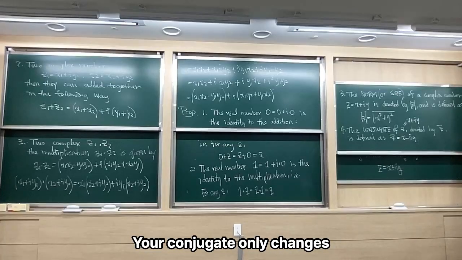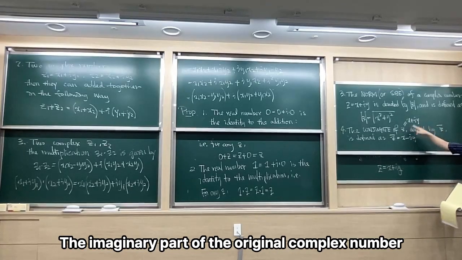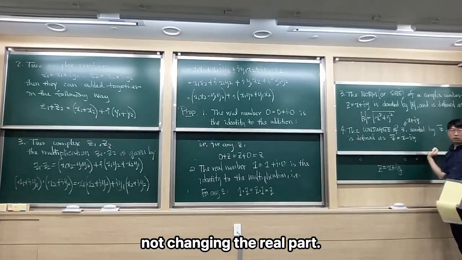Your conjugate only changes the sign of the imaginary part. The imaginary part of the original complex number is y, whereas its conjugate has minus y, not changing the real part.